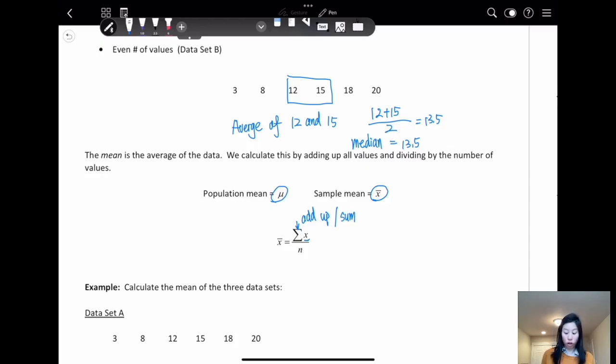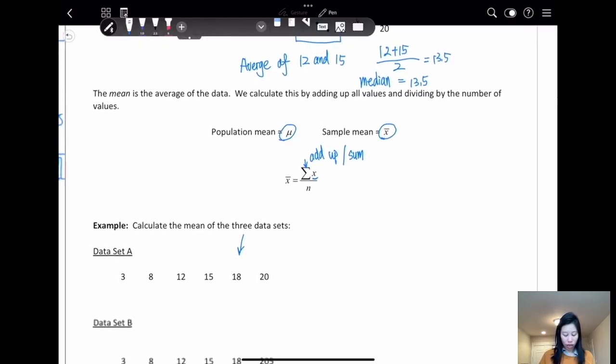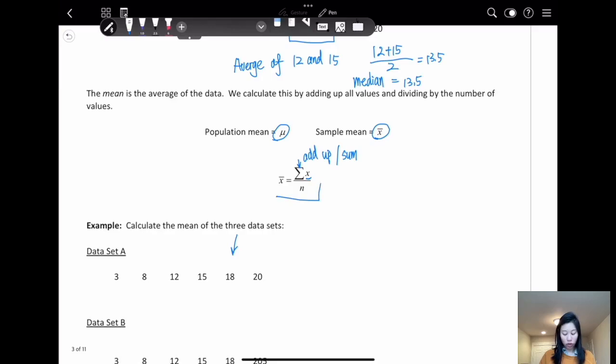Okay, so for example, calculate the mean of these data sets. We use this formula: X bar, the sample mean, equals the sum of all the values added up and then divided by the number of data. So how many data do we have? We have 3 plus 8 plus 12 plus 15 plus 18 plus 20.